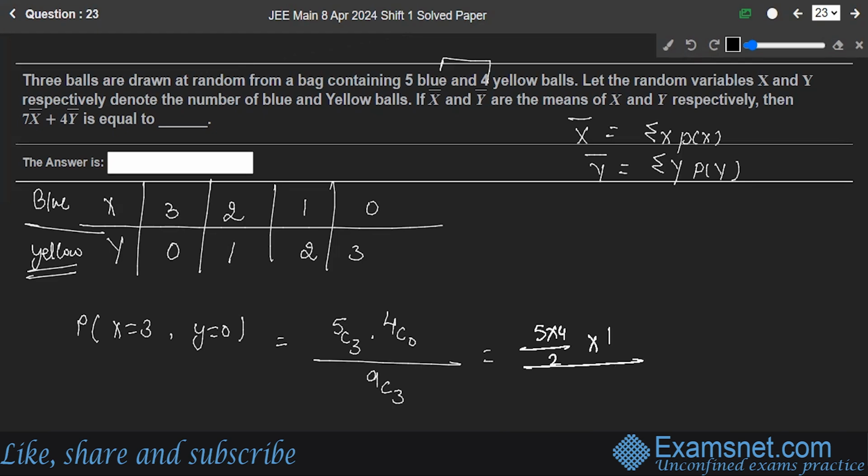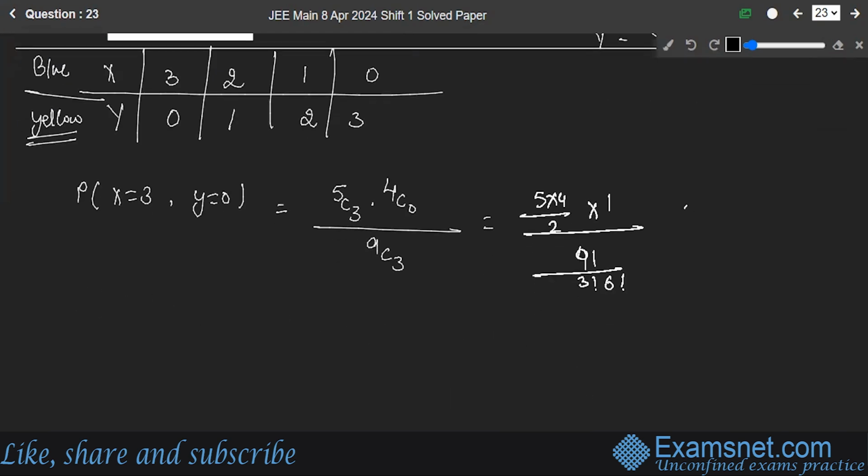And 9C3 is equal to 9 factorial upon 3 factorial × 6 factorial. This gives you 10 upon (9 × 8 × 7 upon 6), and this cancels, so this gives you 5 upon 42.